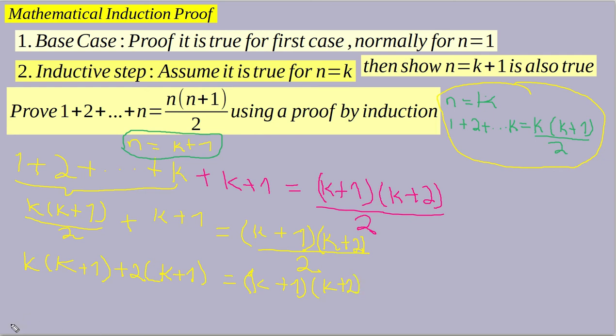Now if I look at this here, I see that k plus 1 is common to these terms, so I can just factor it out. K plus 1, and now I'm left with k plus 2.